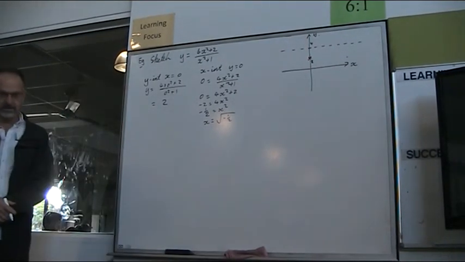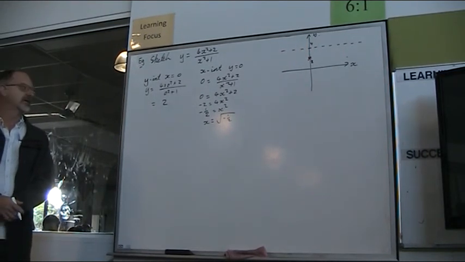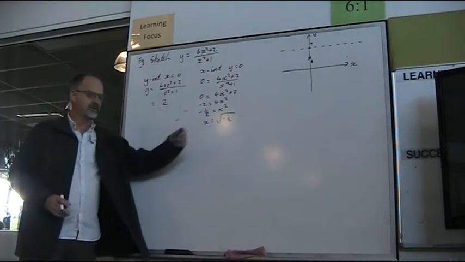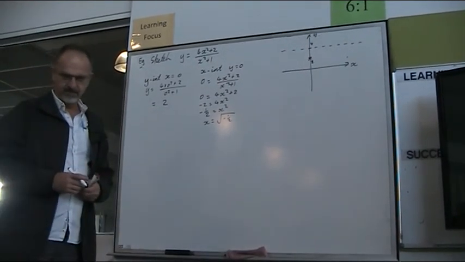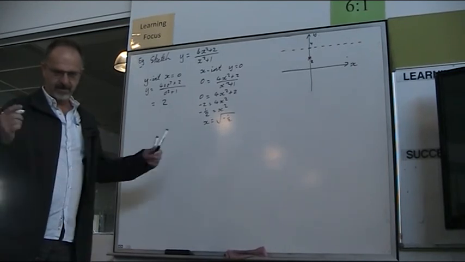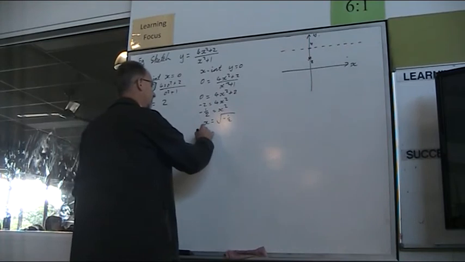You can't do that either. So we're trying to square root a negative number, so there's no x-intercept.